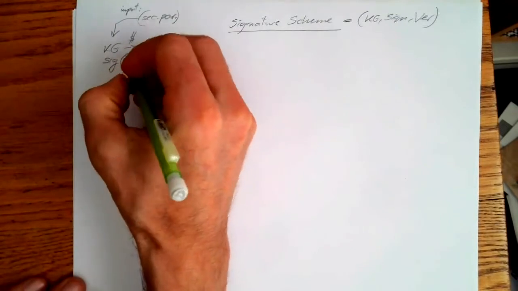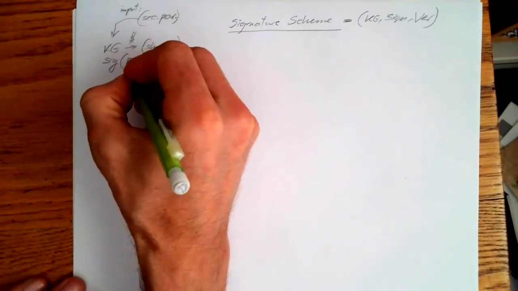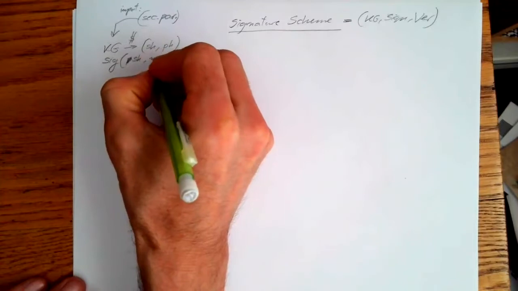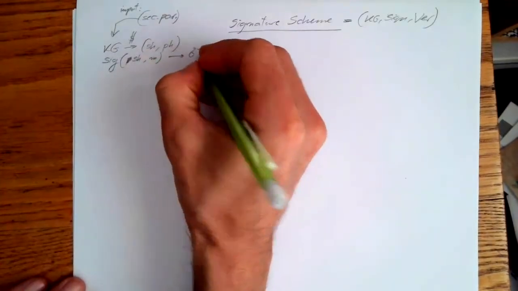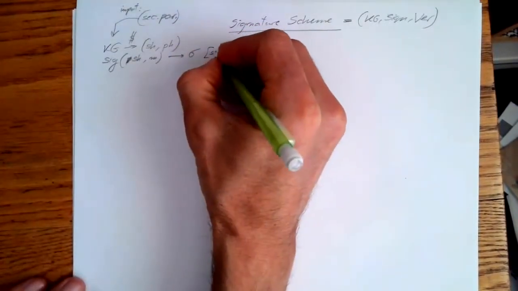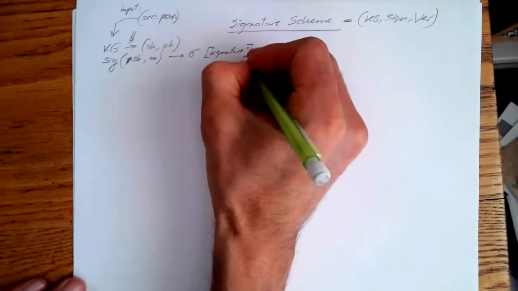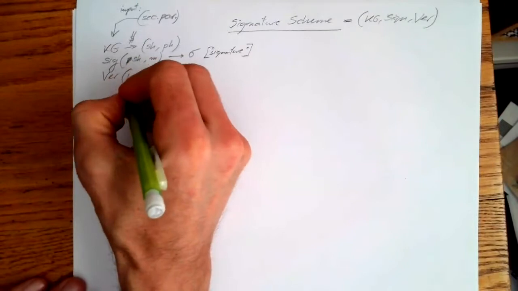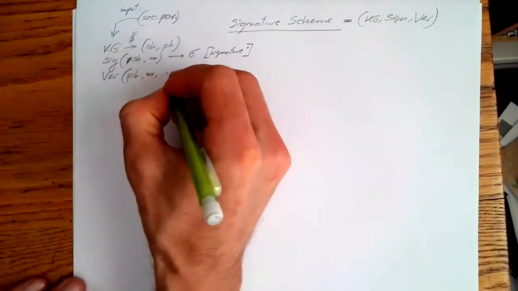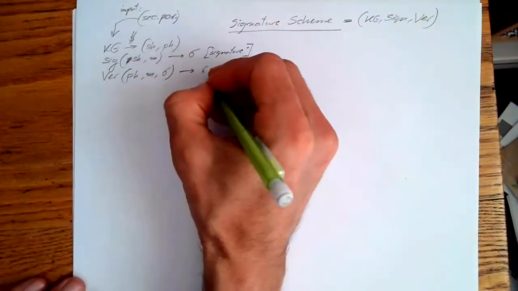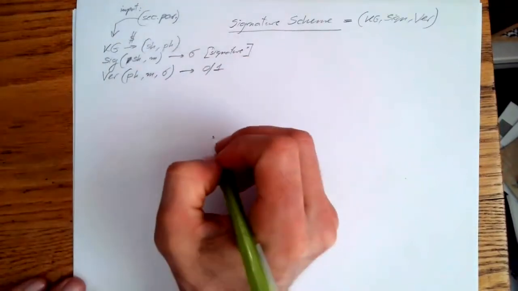Signing is given a secret key and a message, and it outputs a signature sigma. Verification takes the public key, message, and a purported signature and outputs 0 or 1.